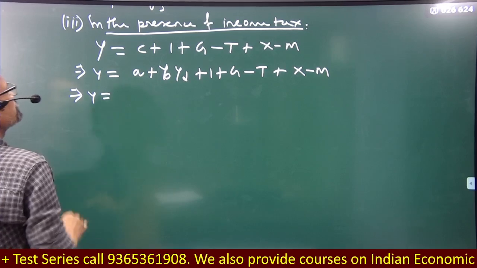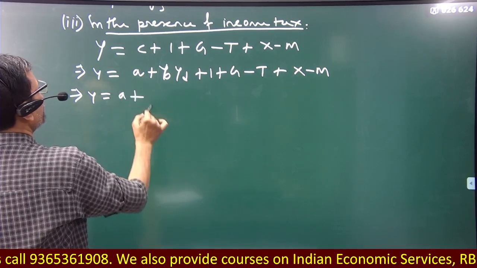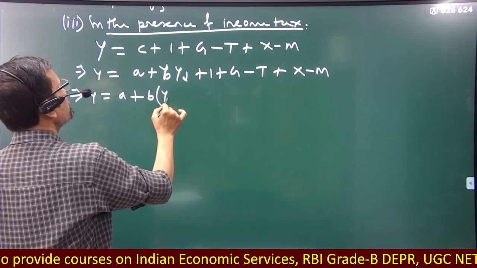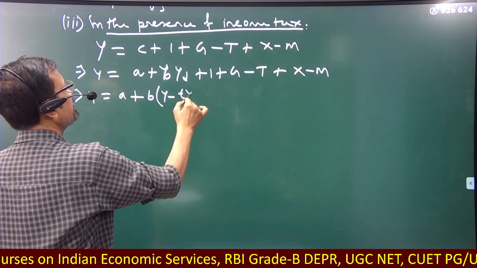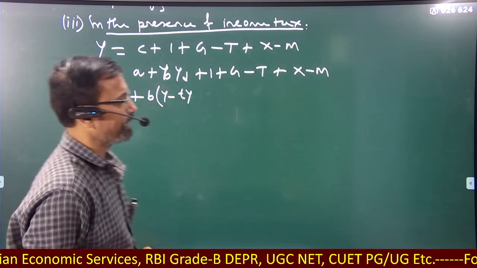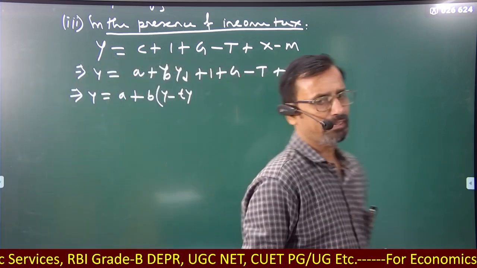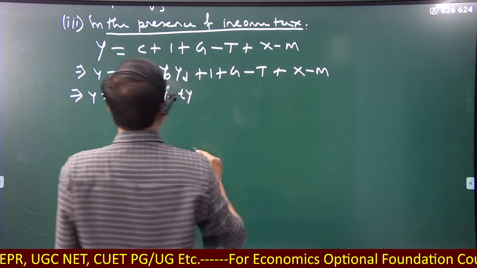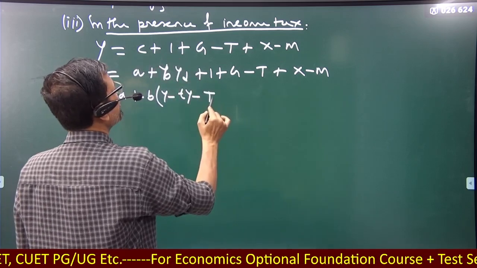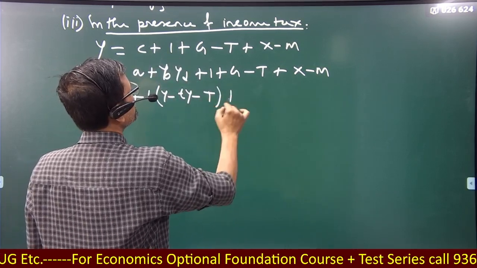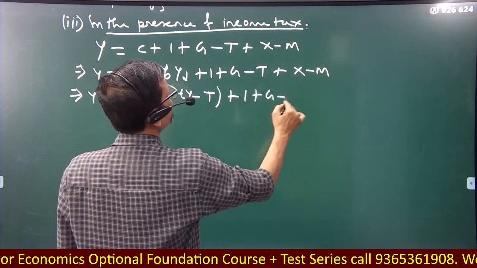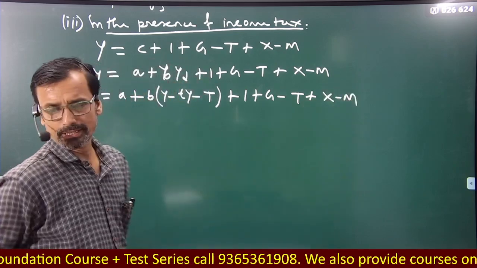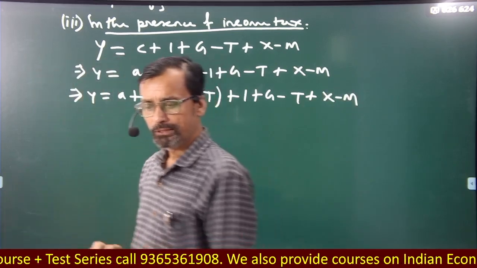Now this one, A plus B, Y_d means Y minus income tax, the rate of tax into income level, this one is tax, plus I plus G minus T plus export minus import.